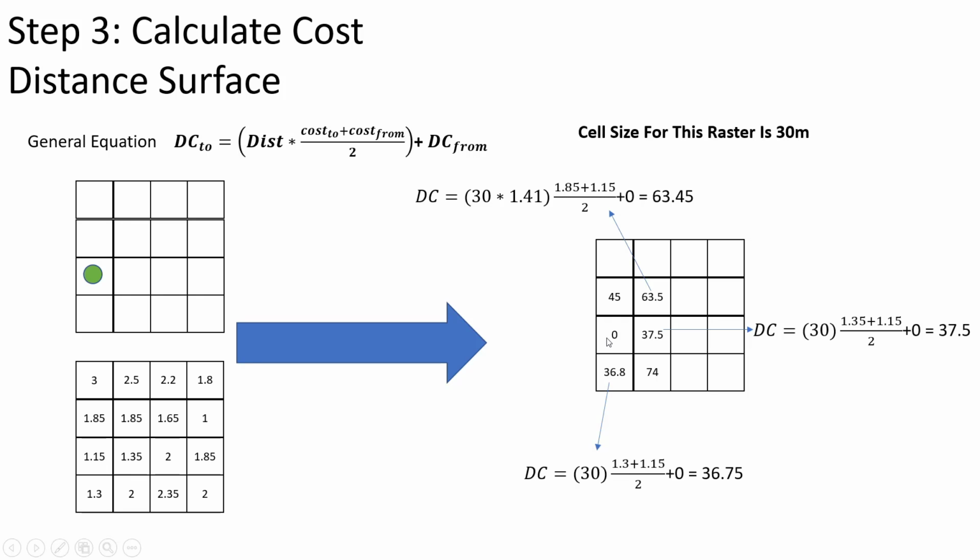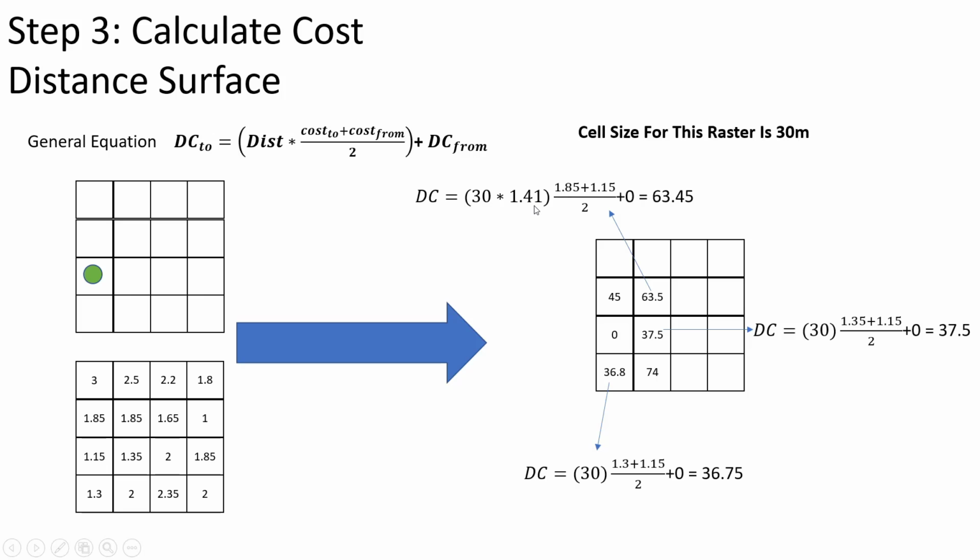What about going diagonally? We went right, we went down. Well, the equation is going to look very, very similar. It's still distance times the average cost plus the cost from. But in this case, our distance is this 30 coming from the cell size of the raster times this 1.41.